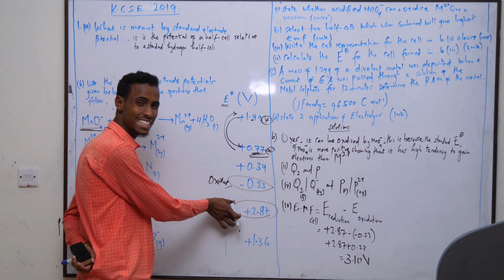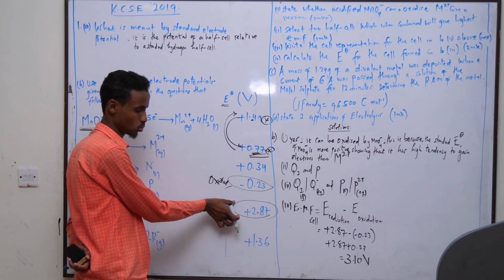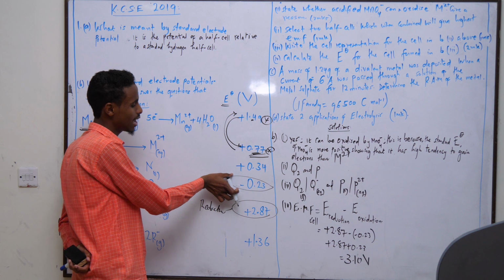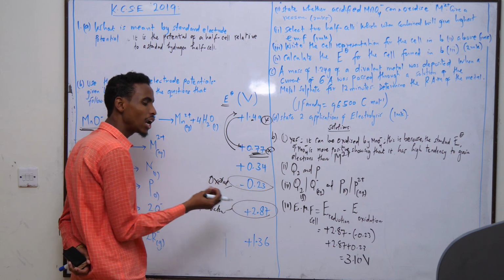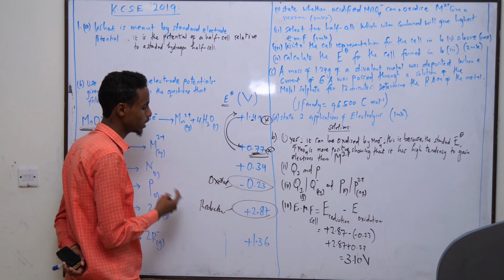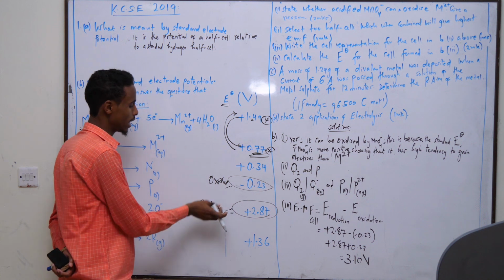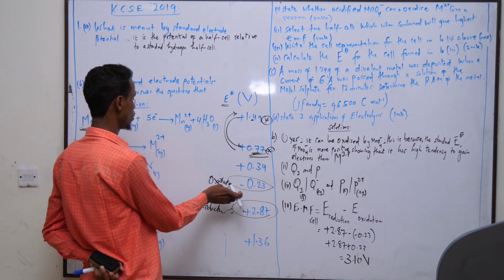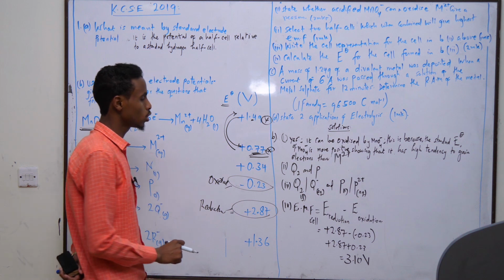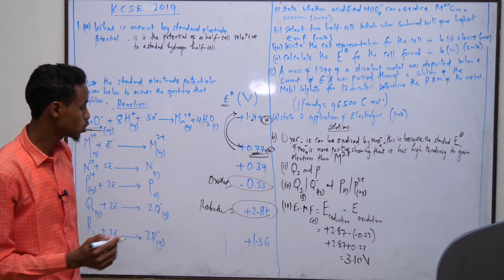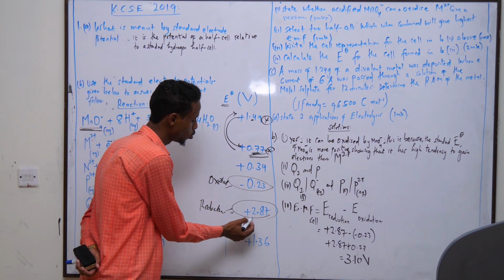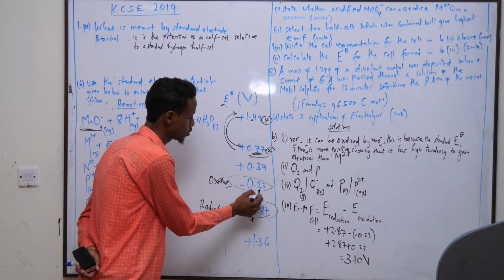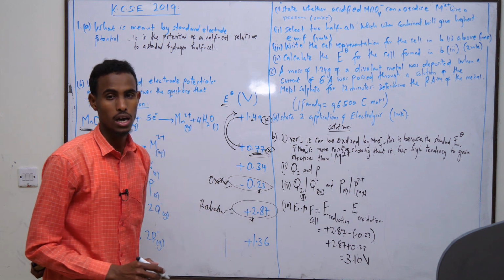This one has a higher tendency to gain electrons, whereas this one has a lower tendency to gain electrons as compared to this. When you join a half cell of these two, this one is going to gain electrons as this one loses electrons.